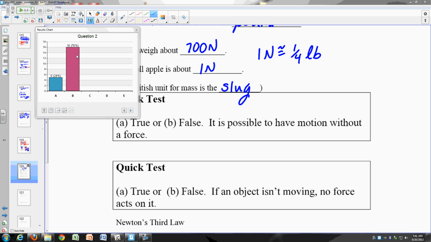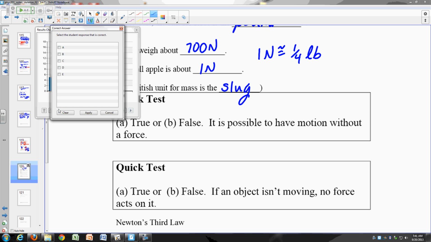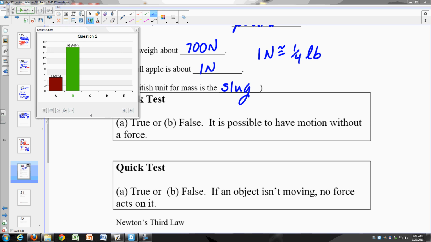That's a false statement. You could be stationary, but you still have forces acting upon you. You have weight, you have the normal force, you have all this jazz. So that's a false statement.